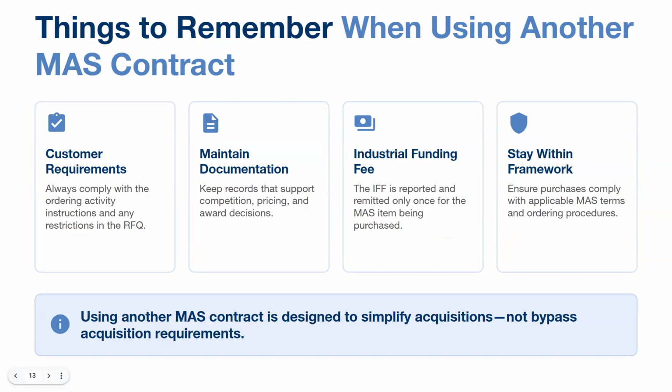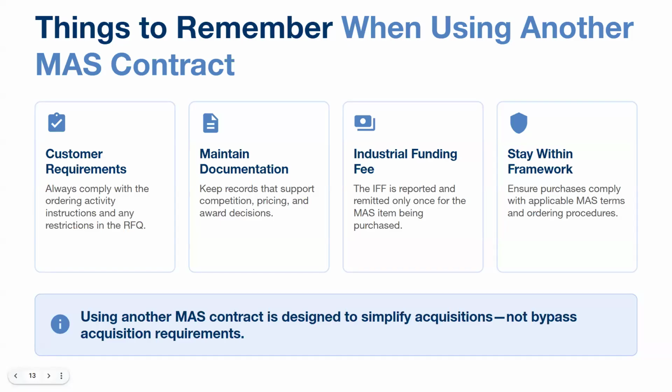As we discussed, using another MAS contractor can be an effective way to deliver another complete solution, but it does come with a few important responsibilities. Always follow the requirements established by the ordering activity. Every solicitation is different, and agencies may include specific instructions or restrictions regarding the use of OLMs or supporting products and services.